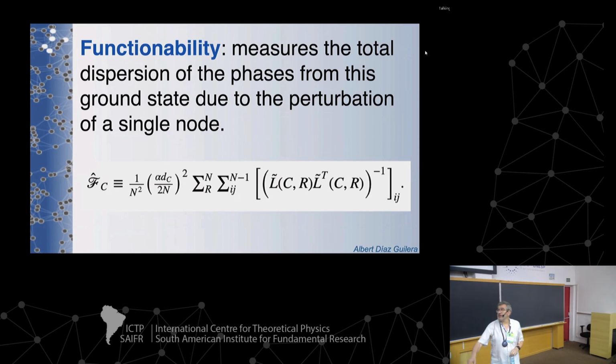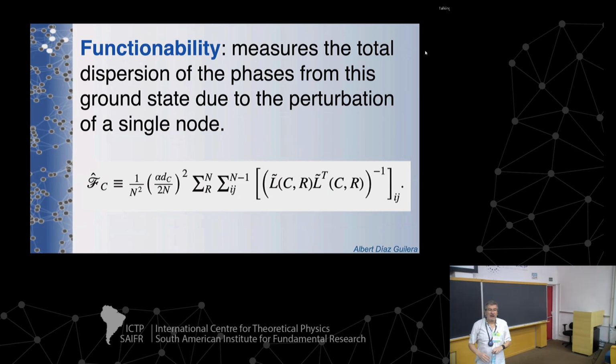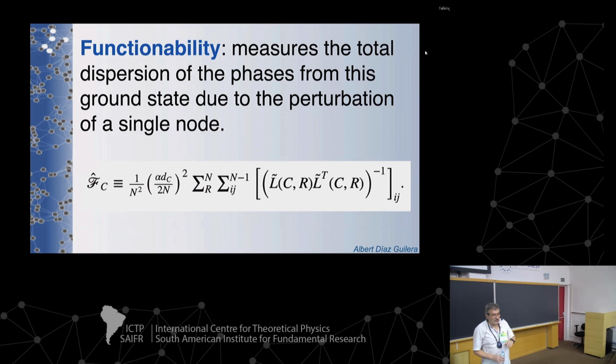Actually, this is what we do here. So you see L and then L naught, and then we have to sum over. So this is an exact expression, and then it depends. You can take a single network, so all you need is the adjacency matrix, and then you can take a single node and measure this functionality, and this gives you exactly the effect of changing the parameters in this node on the rest of the network, according to the stationary state in which the system is.